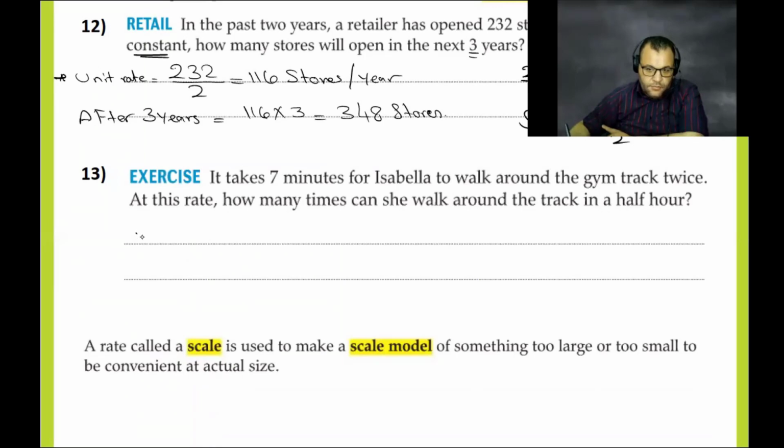It takes 7 minutes for Isabella to walk around the gym track twice, and we want to see how many times she can walk around the track in half an hour. What are the two units that we have now? Because that's a rate.